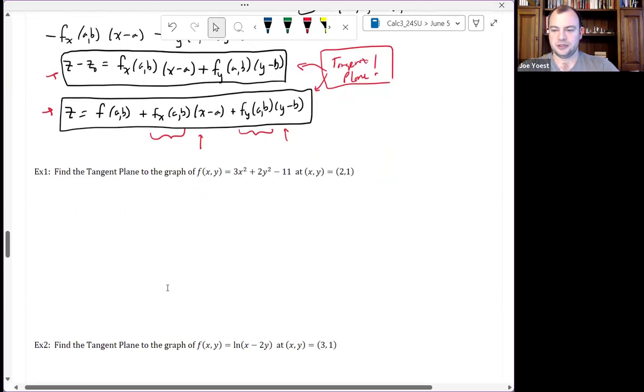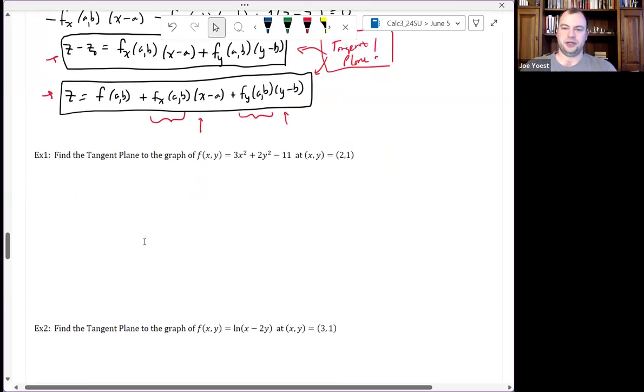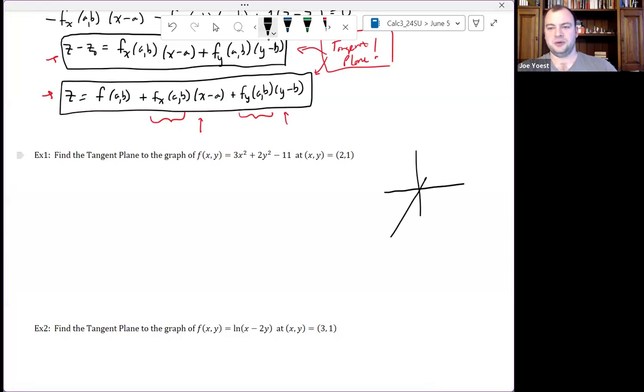Okay, so let's look at an example here. Find the tangent plane to the graph of f of xy equals 3x squared plus 2y squared minus 11 at xy equals 2, 1. I'm going to give this a shot at drawing this. I'm not going to be super careful with coordinates and things on the axes, but I know that when x and y are 0, z is minus 11.